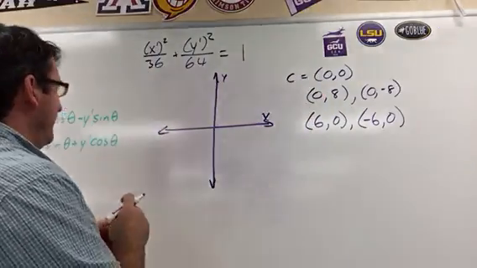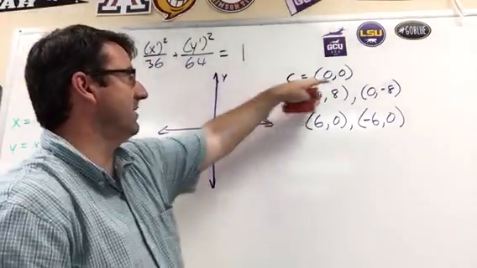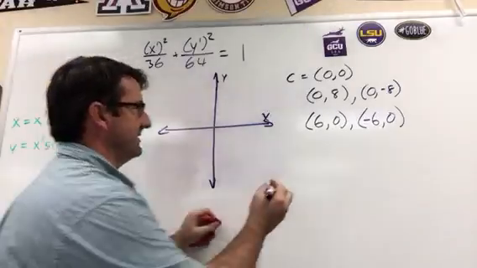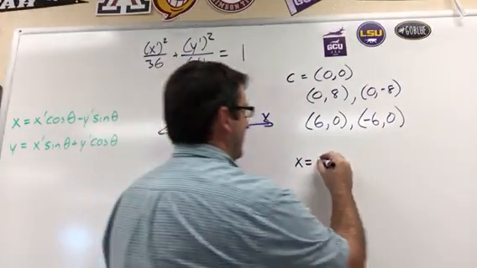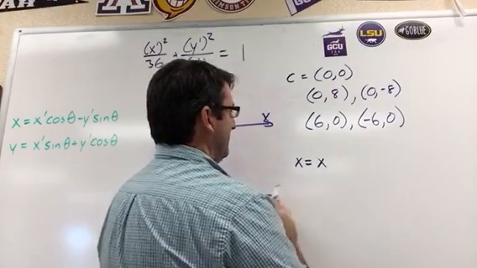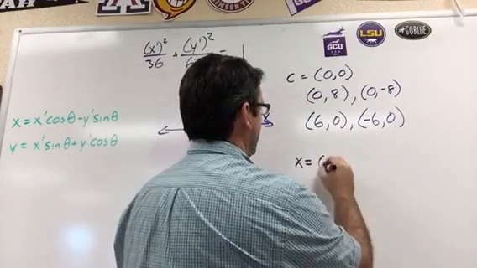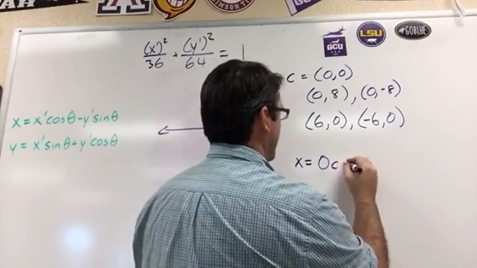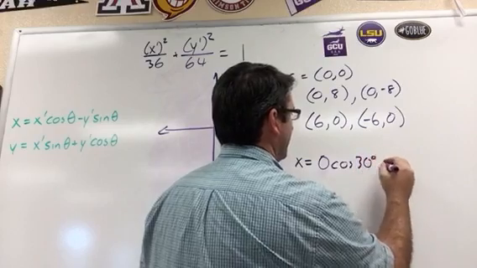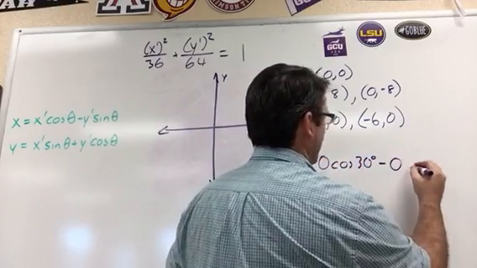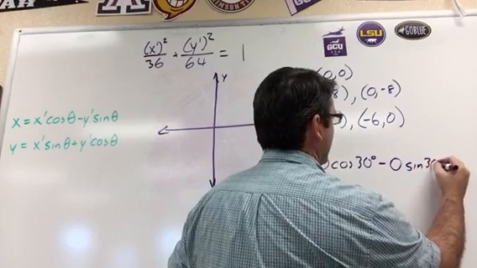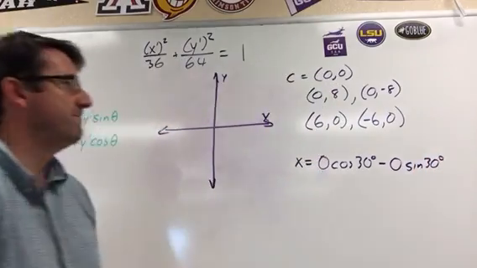All right, so to find our x, let's just start with the center. The center is going to be x is equal to x prime, which is 0, times the cosine of 30 degrees, minus y prime, which is also 0, times the sine of 30 degrees.